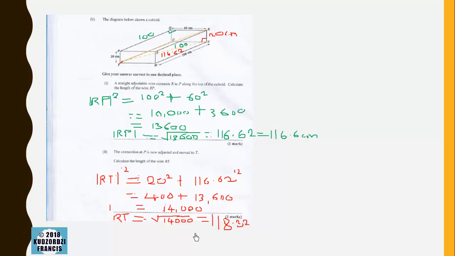So to 1 decimal place, we are going to get 118.3 centimeters.